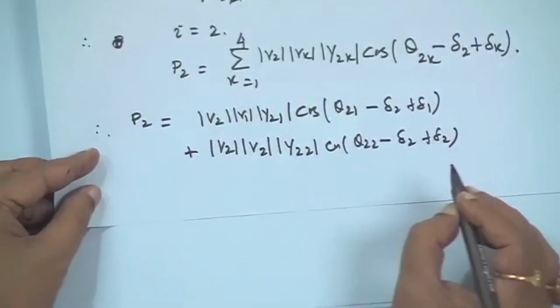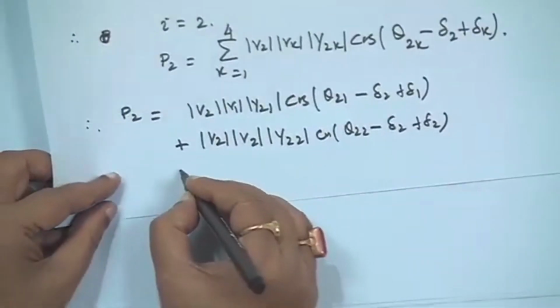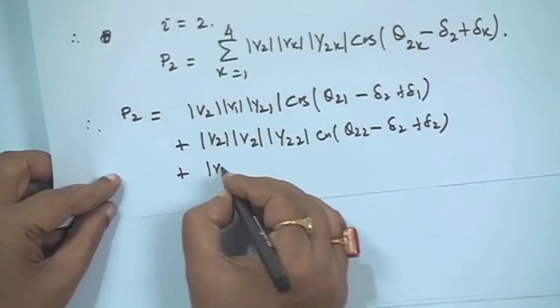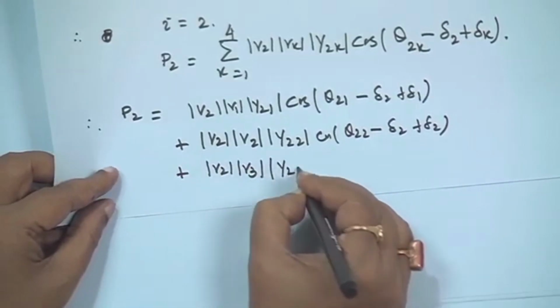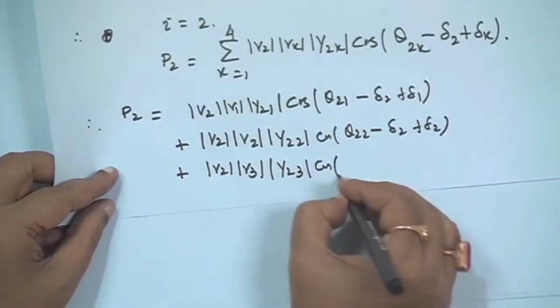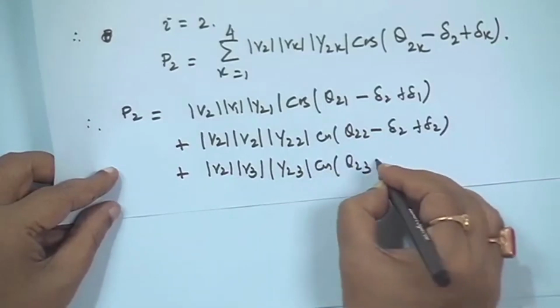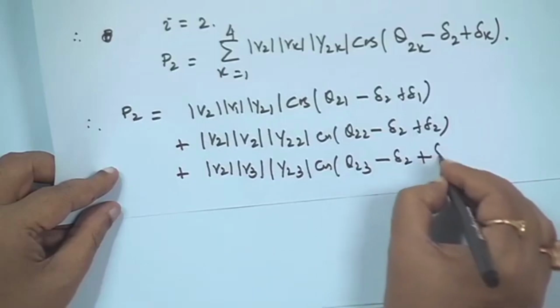So this delta 2 will be cancelled. Then plus V2, then V3, then y23, then cosine theta 23 minus delta 2 plus delta 3.